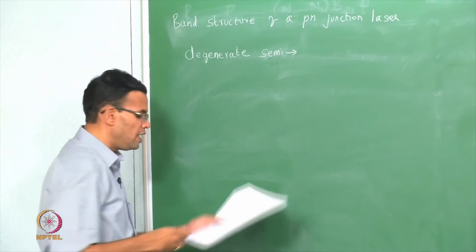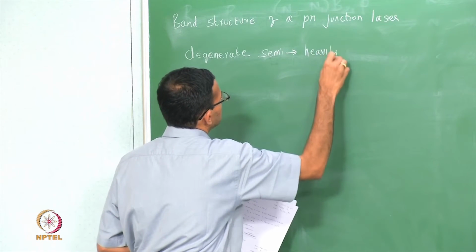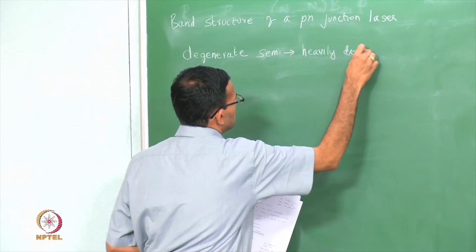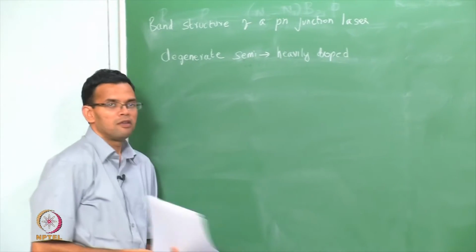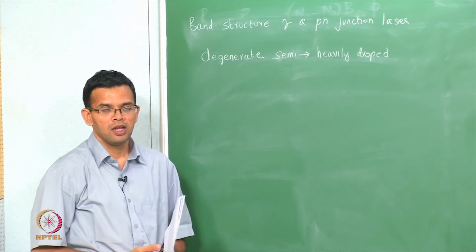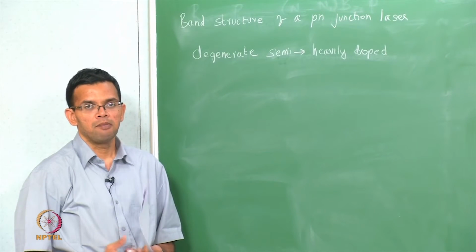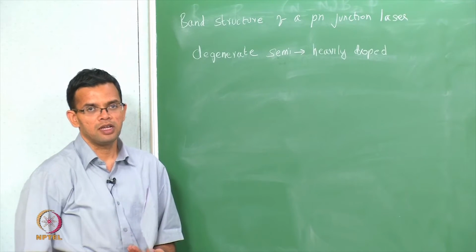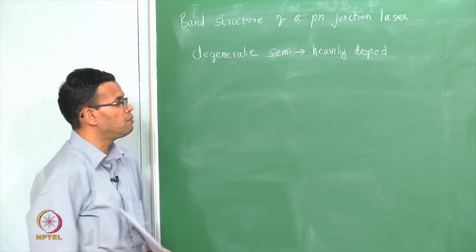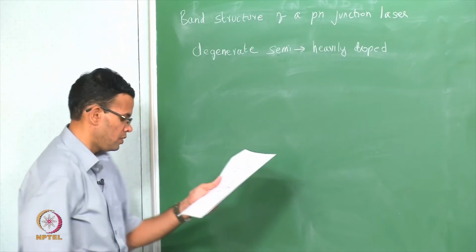So, these are heavily doped. We saw degenerate semiconductors earlier, where we said that the doping level was so high that the impurity levels form a band which can combine with the valence or the conduction band. In this particular case, the Fermi level will lie within the band.